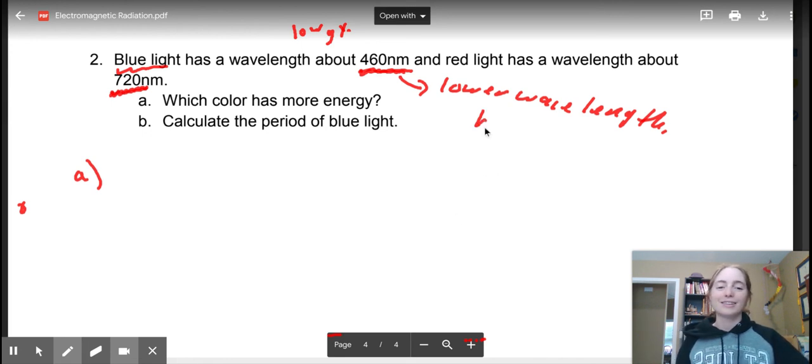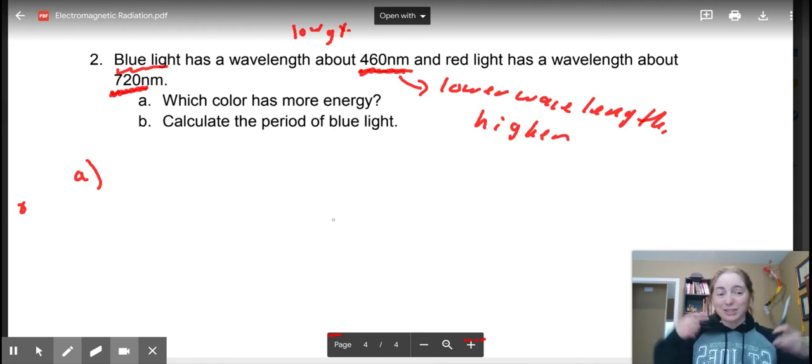Good, it's going to be higher because they're inverse to each other. So I always like to memorize it in the way of the higher the frequency, the higher the energy. I find that easier to remember than lower the wavelength, the higher the energy. So I always mentally make the jump of, okay, well, the wavelength is lower, therefore the frequency is going to be higher, therefore the energy is higher.